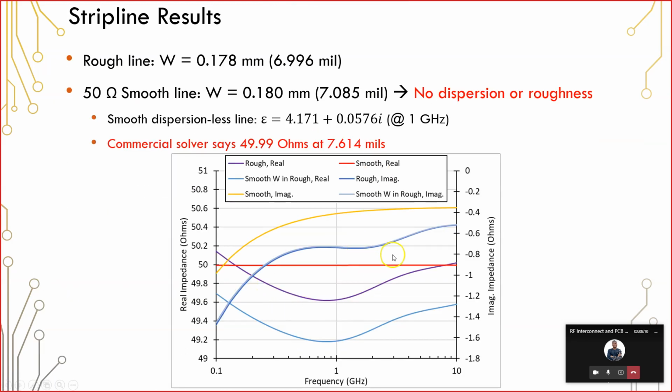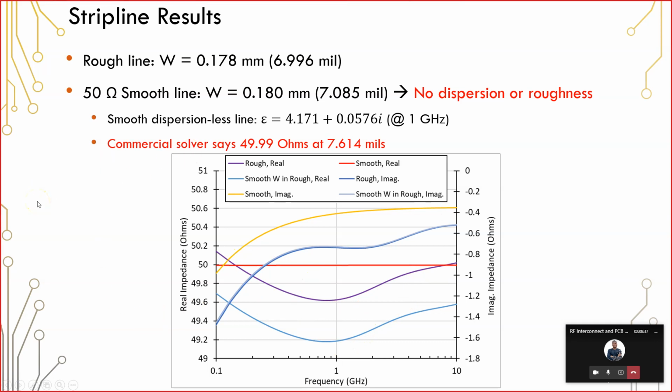And then we only really get to 50 ohms somewhat for this smooth line. It's actually just a little bit below. Once you start accounting for roughness and you account for dispersion, what you end up getting is these curve profiles that tell you exactly what the impedance is, both for the real part and the imaginary part.